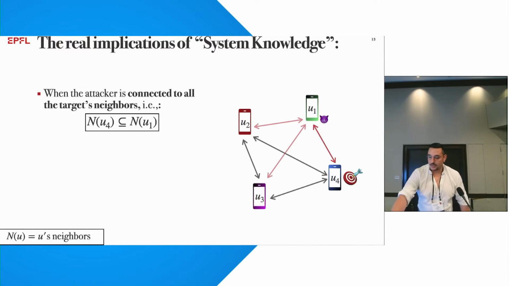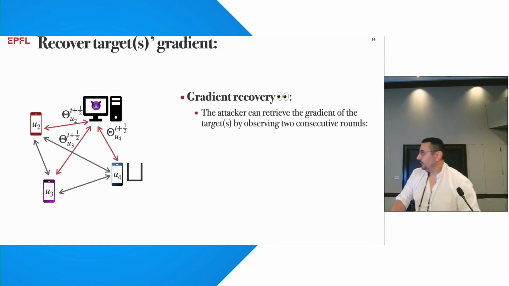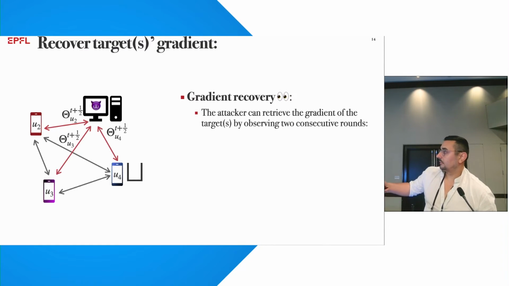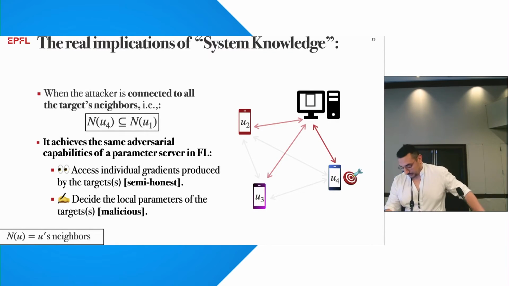Indeed, in the paper, we show that in the special case where the set of neighbors of the target, the nodes that are connected to the target, is a subset of the neighbors of the attacker, the decentralized user achieves the same adversarial capabilities of a parameter server in FL.